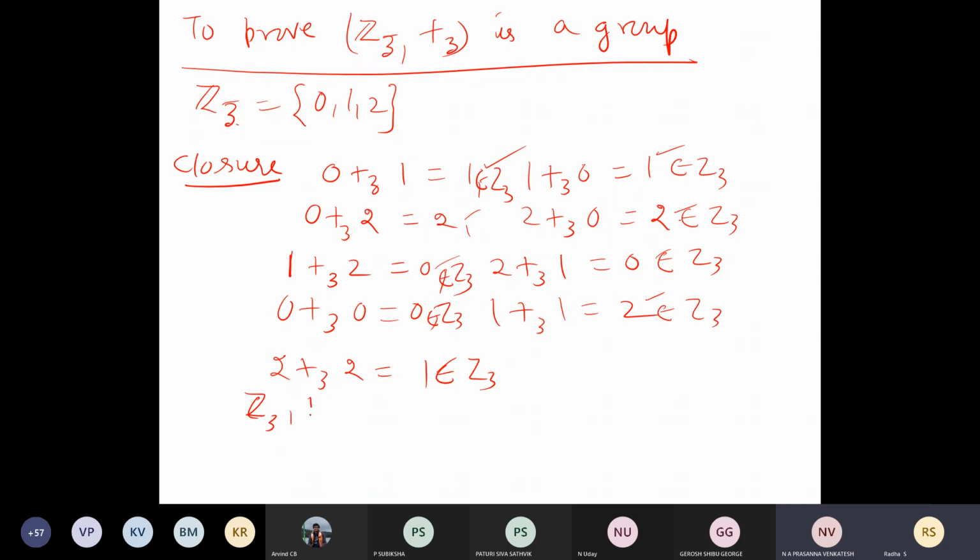So therefore Z3 under addition modulo 3 is closed. Try to understand this. I should consider every pair. Since it is finite, every pair I checked, so it is closed.